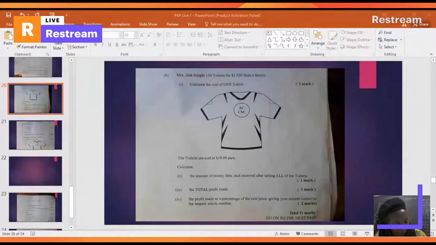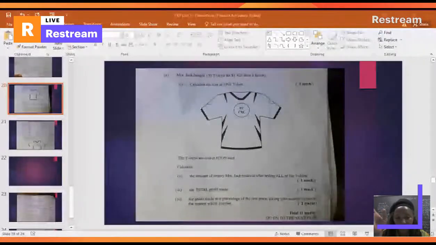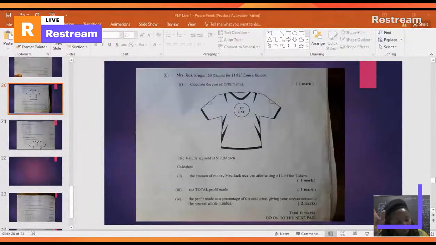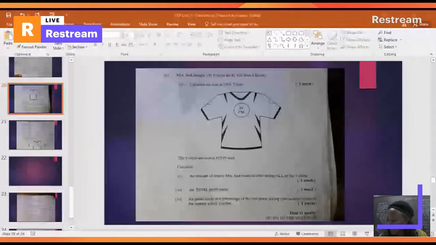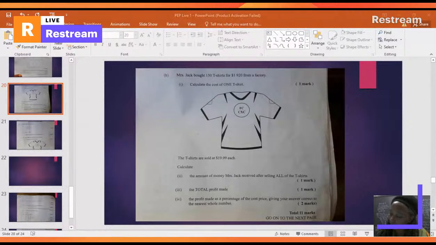All right, so let's go back from scratch. What we're saying: she bought 150 t-shirts for $1,920. You sure it's $1,078.50? Double check that for me.